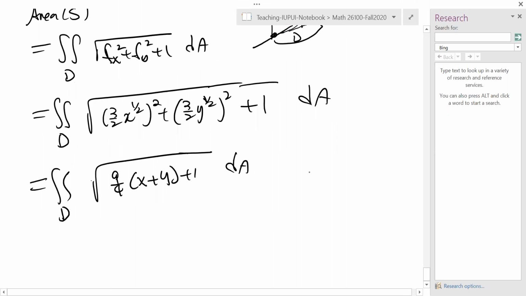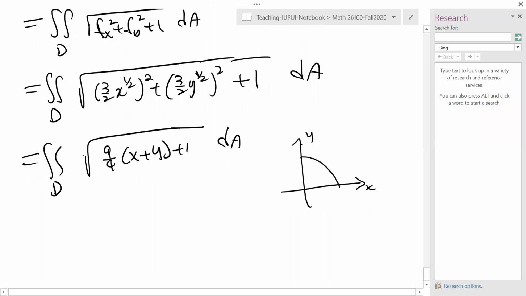This is the x-axis, y-axis. So the natural way is to use polar coordinates, right? x is going to be r cosine theta, y equals r sine theta.